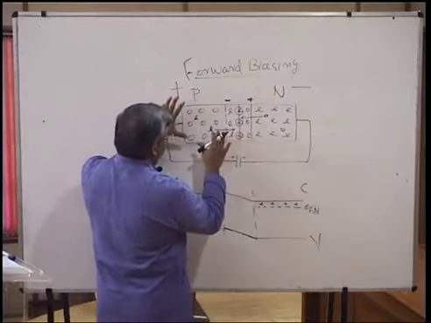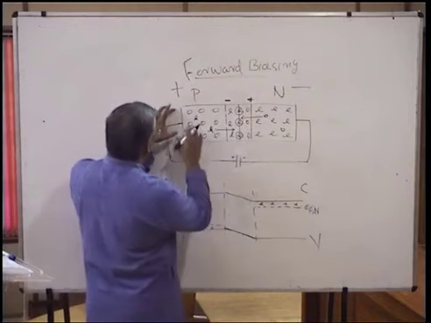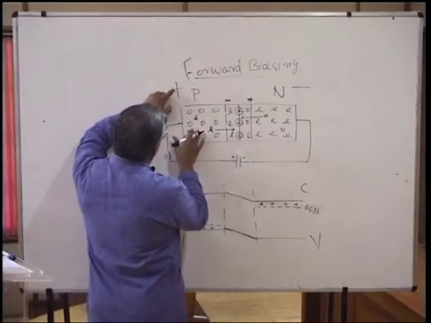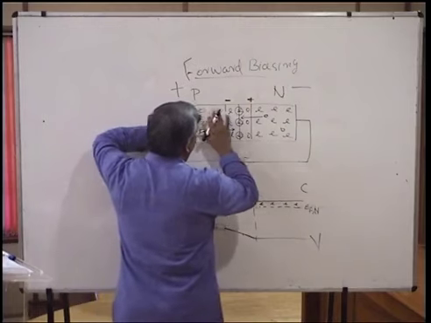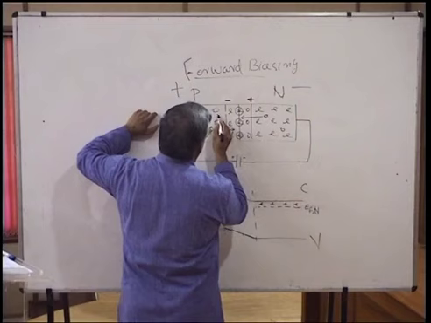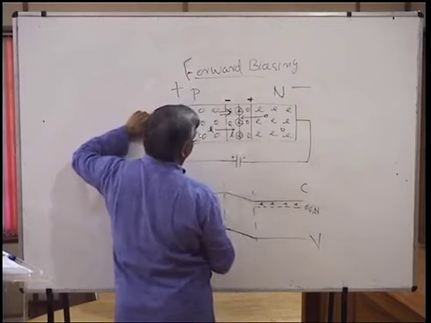External bias is preferentially acting on the majority carriers. For example, the majority carriers in the P side are holes, and they are getting a positive potential. What will it do? These holes will be drifted in the opposite direction. So a major flow of holes will be happening here under forward bias.